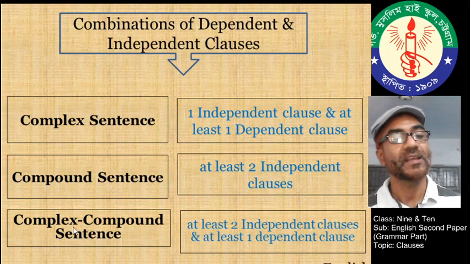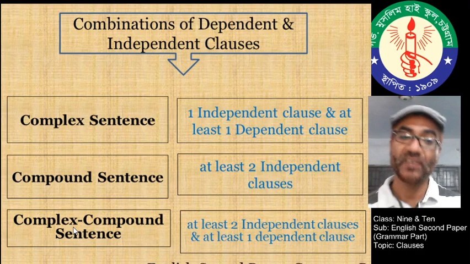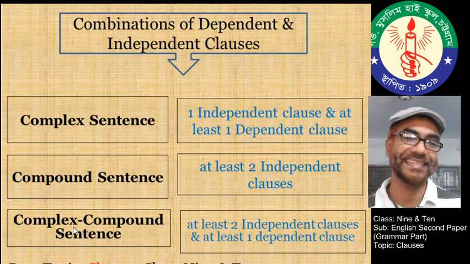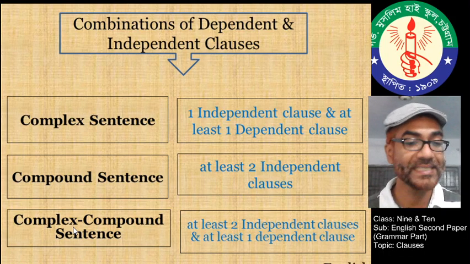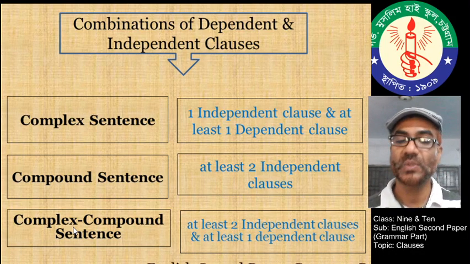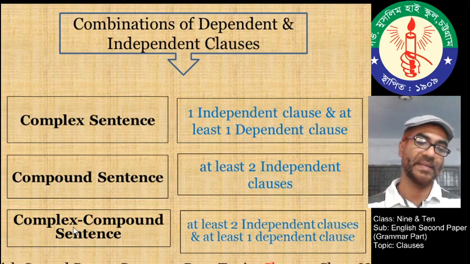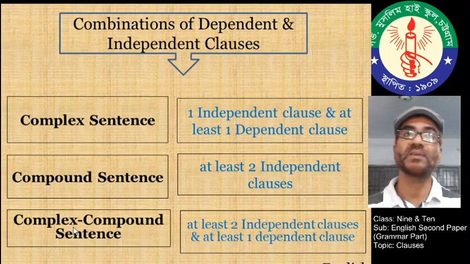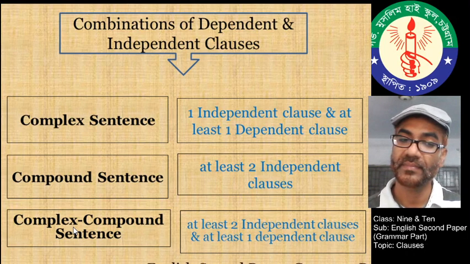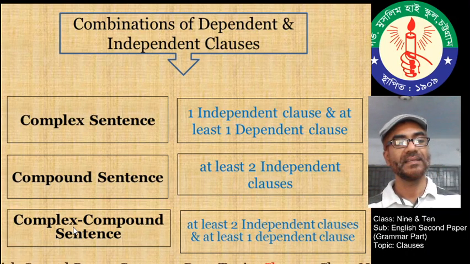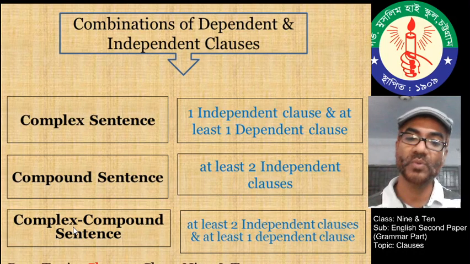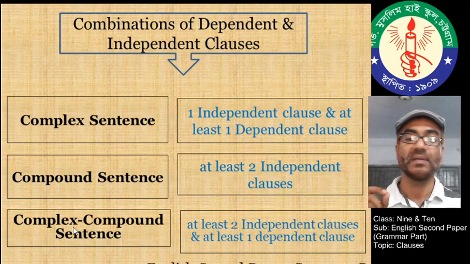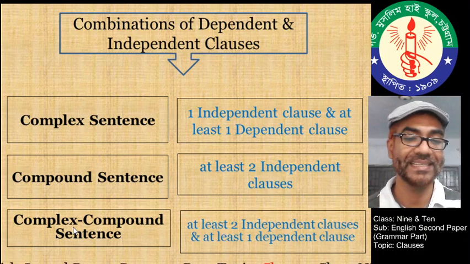Okay. Next one, complex compound sentence. First one is complex sentence, second one is compound sentence, and last one is complex compound sentence. How is it? At least two independent clauses and at least one dependent clause. And we have already known that complex sentence: one independent, one dependent; compound sentence: two independent; and complex compound: when it is compound, it must have two independent, and as there is also complex, there should be one dependent clause.